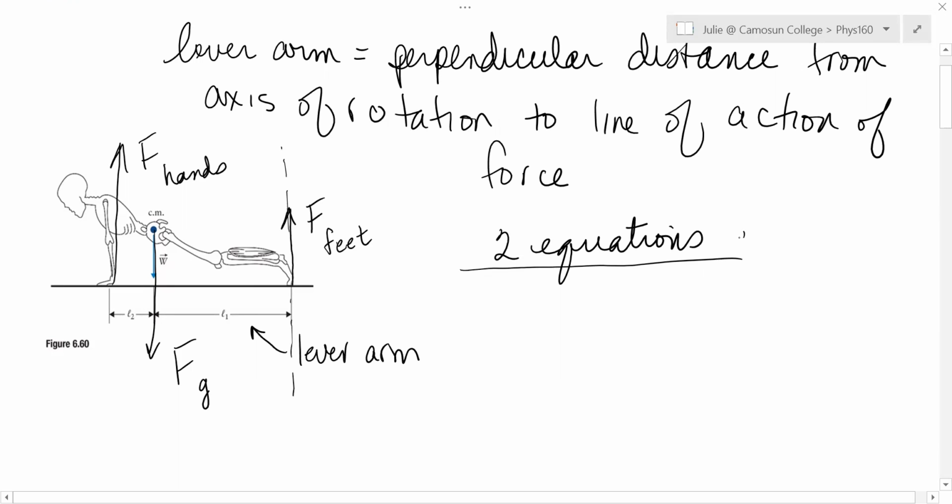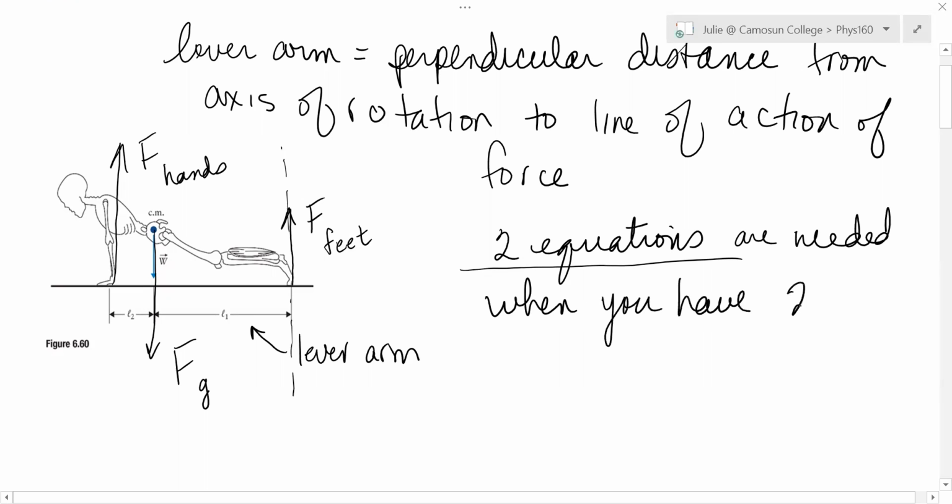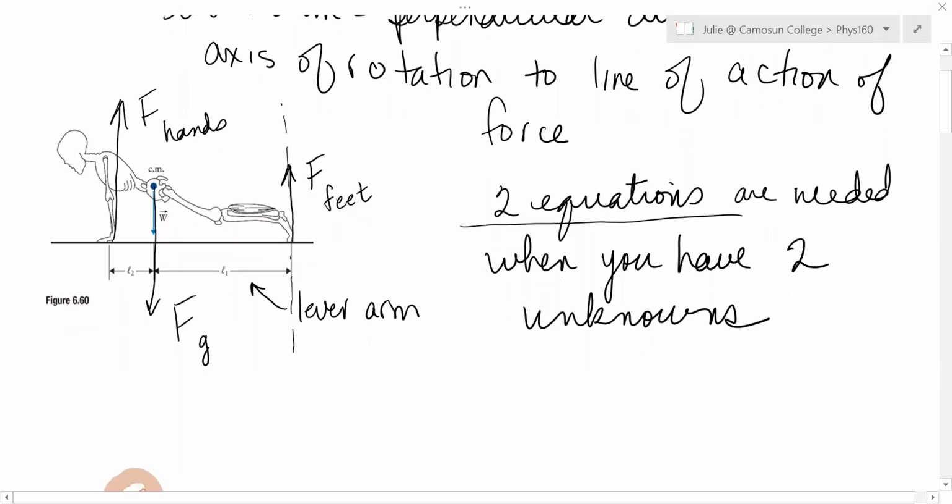So two equations are needed when you have two unknowns. This is, in general, the number of unknowns, that's how many equations you need. And I want to use both translational equilibrium and torque equilibrium.